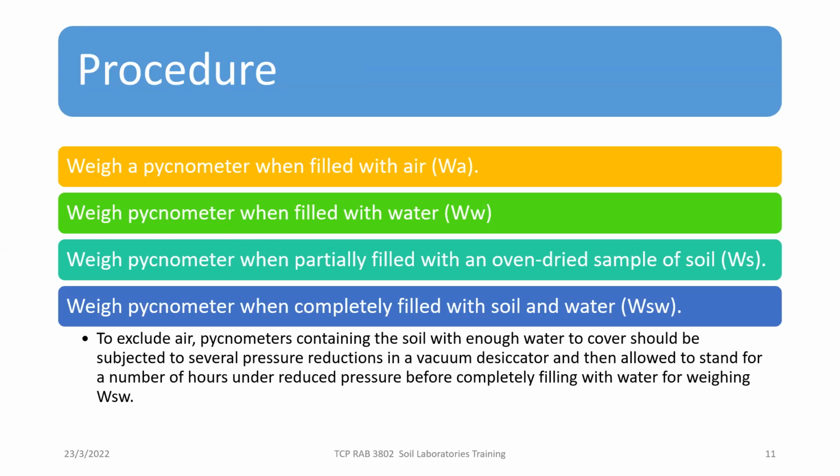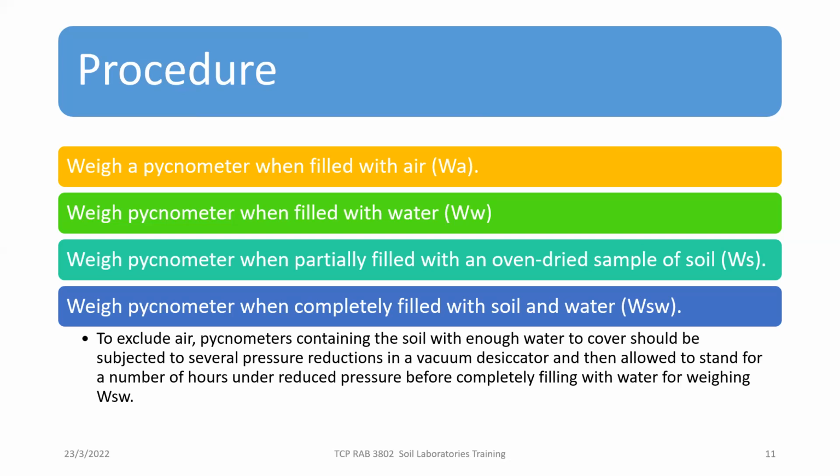Weigh the pycnometer when partially filled with an oven dry sample of soil, WS, and then you fill the pycnometer with water and soil. So weigh the pycnometer when completely filled with soil and water, and this is WSW.